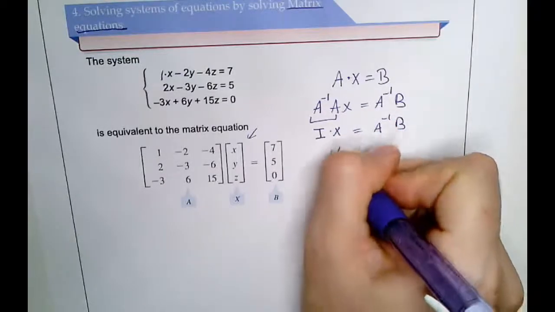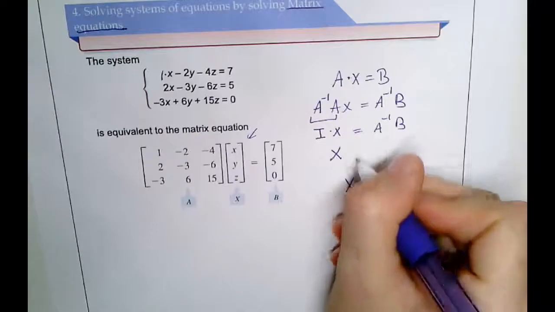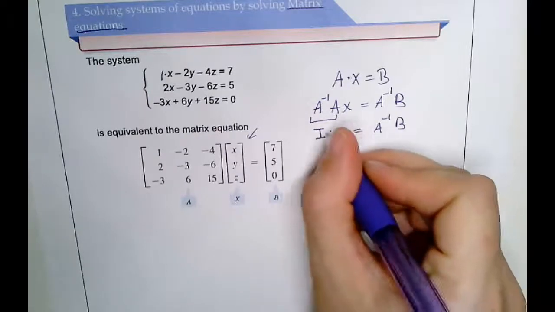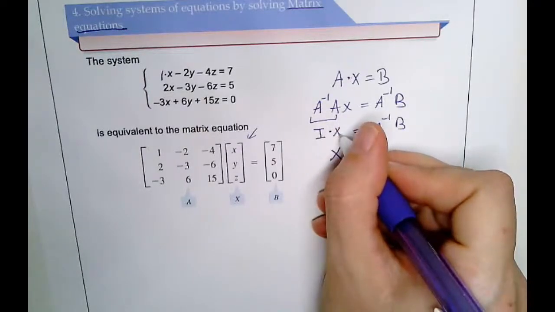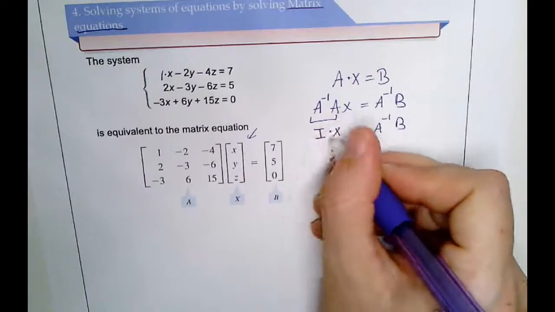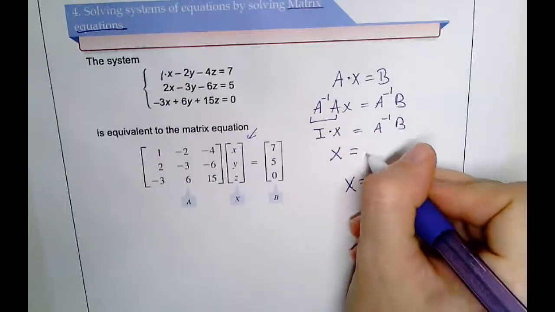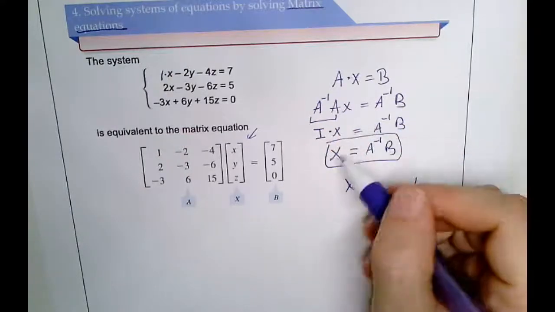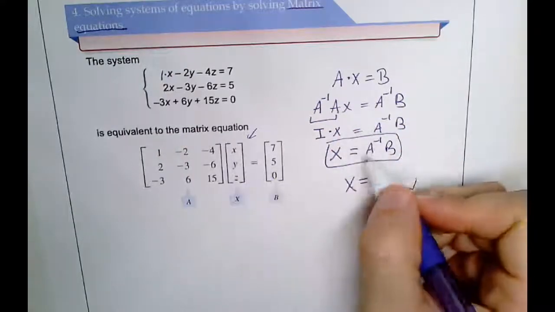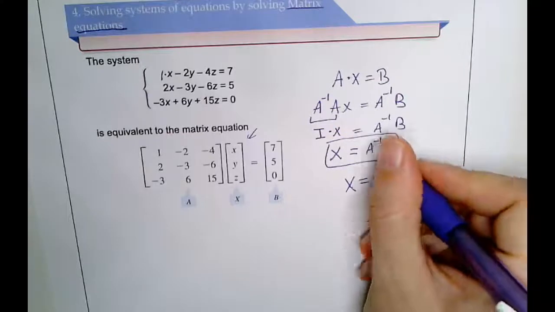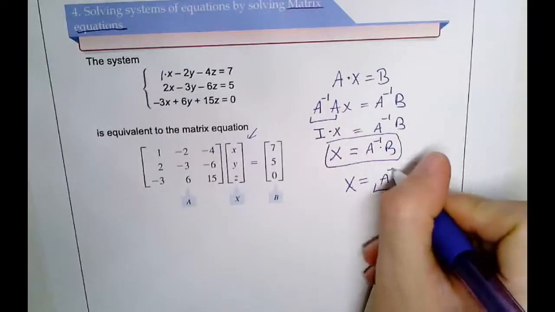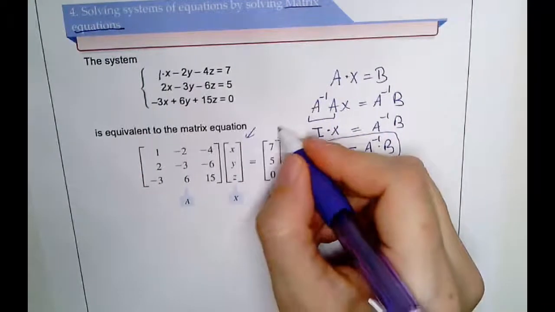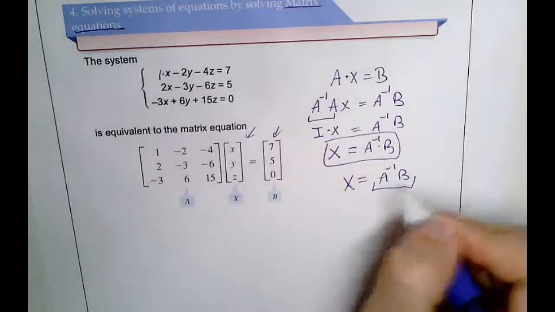Well, we know that is just that matrix X. The identity matrix times X does not change X. It's like multiplying by 1. So then there we have the answer. The matrix composed of X, Y, and Z is just going to be the inverse matrix times B, which is this.